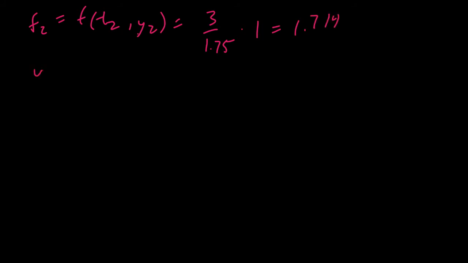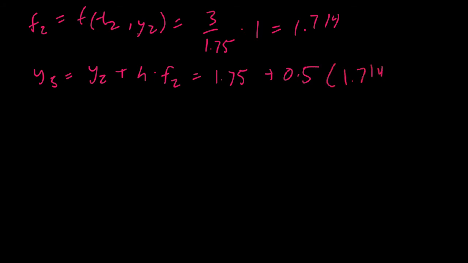And y3 is therefore equal to y2, of course, plus the step size times the slope f2, which is 1.75 plus 0.5 as the step size times 1.714 that we've just found, and ultimately is equal to 2.607 for y3. Again, you can continue to compute these steps for as many iterations as you like.